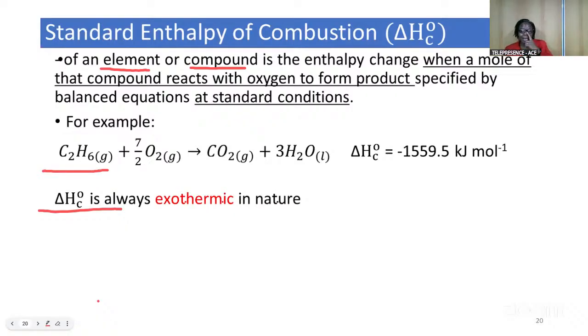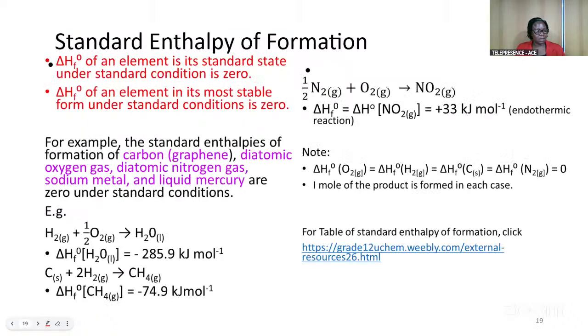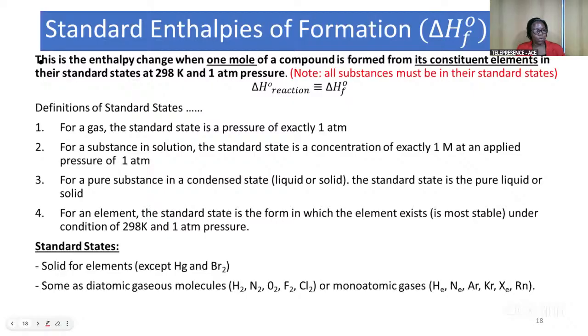Okay, thank you. Yes, when I talked about the standard enthalpy, I made you see that it is not only for elements. You can have them for gases, and I've put the conditions here. You can have them for liquid substances. You can have them for gases. You can have them for solids.